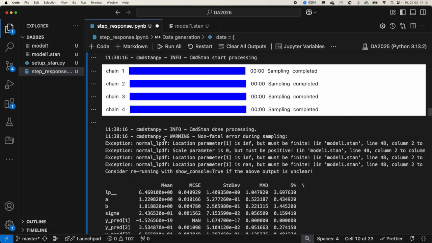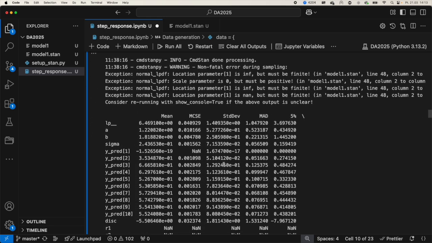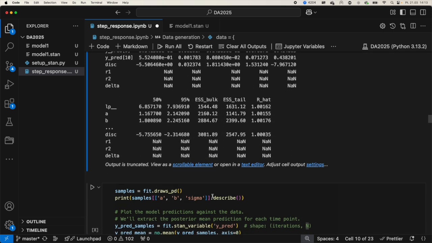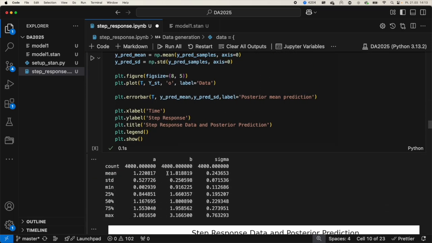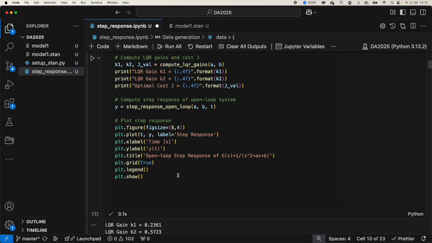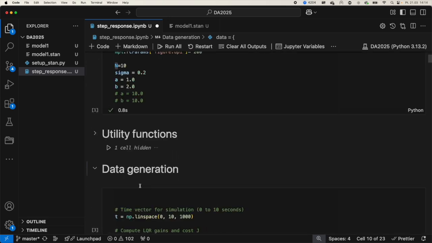The sampling is very simple. It samples all the parameters, A, B, and sigma, and generates those values, which are stored in a data frame, and we can estimate those values. If someone was curious, the true parameters that we used to generate the data were 1 and 2 for A and B.